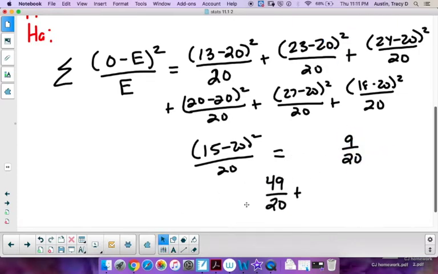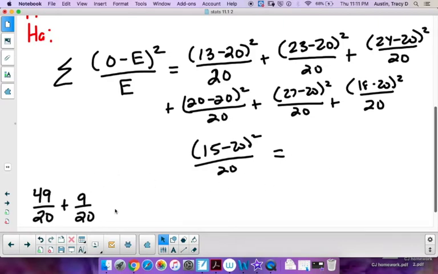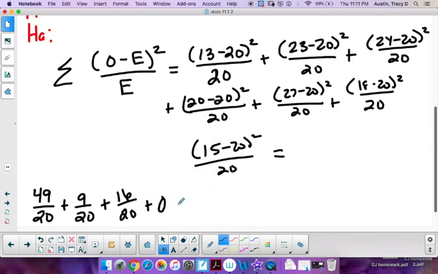Let's move those down here so I can add them all together. And I'm sure you can do this much, much faster in your calculator, but remember, I don't have mine. 16 over 20 plus 0 plus another 49 over 20. Let's see, plus 4 over 20 plus 25 over 20.